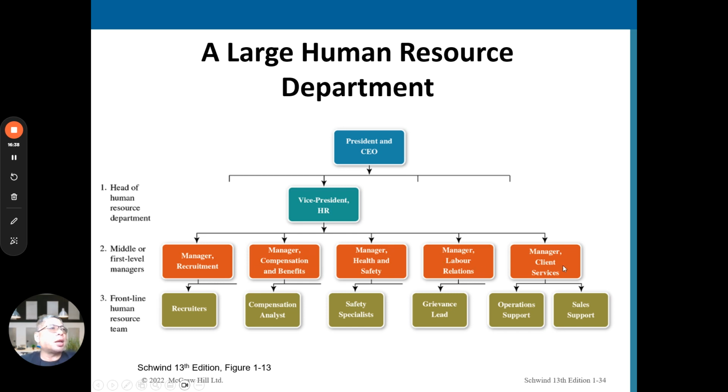So all of this has its own frontline human resource team. Recruitment has lead recruiters, compensation benefits has compensation analysts, safety has safety specialists, labor relations has a grievance lead, and then there's an operation support and sales support for the client services. Okay, it's an example of a large human resource department.